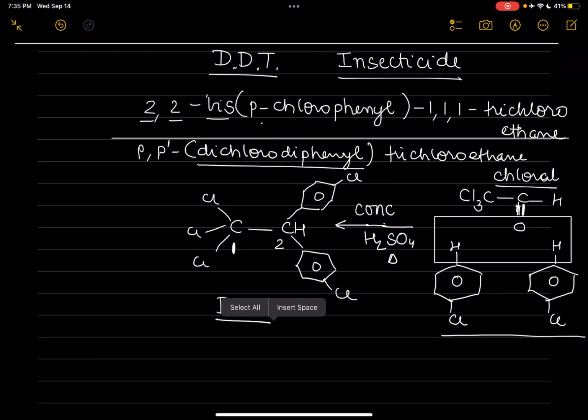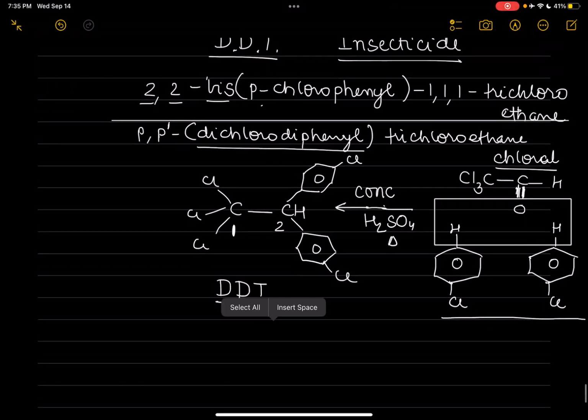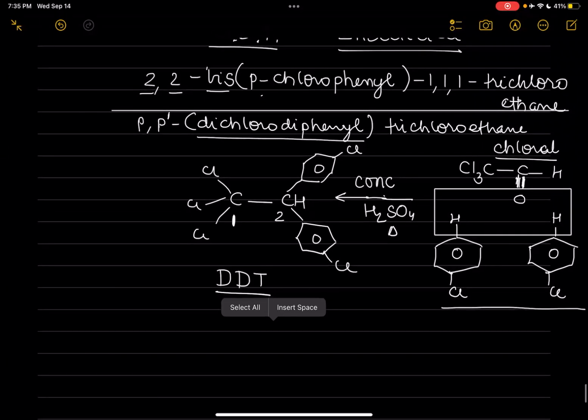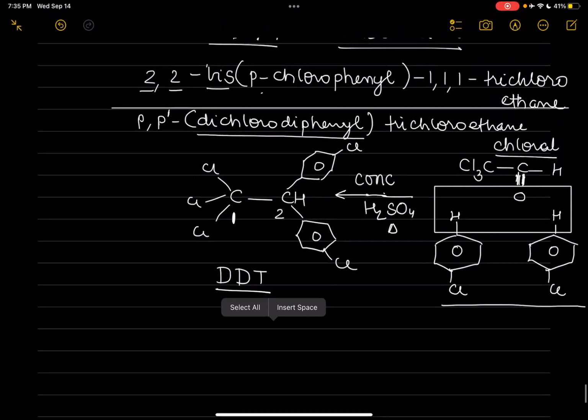Slowly the insects became immune to DDT, so now DDT became ineffective. And because we are putting DDT everywhere, animals which consume green fodder get DDT into their body, and it gets into the fat. It is non-biodegradable, it doesn't break down, and it is fat soluble, so it accumulates in the food chain. As you move higher, the higher organism will have more DDT in its fat. And it has harmful effects.